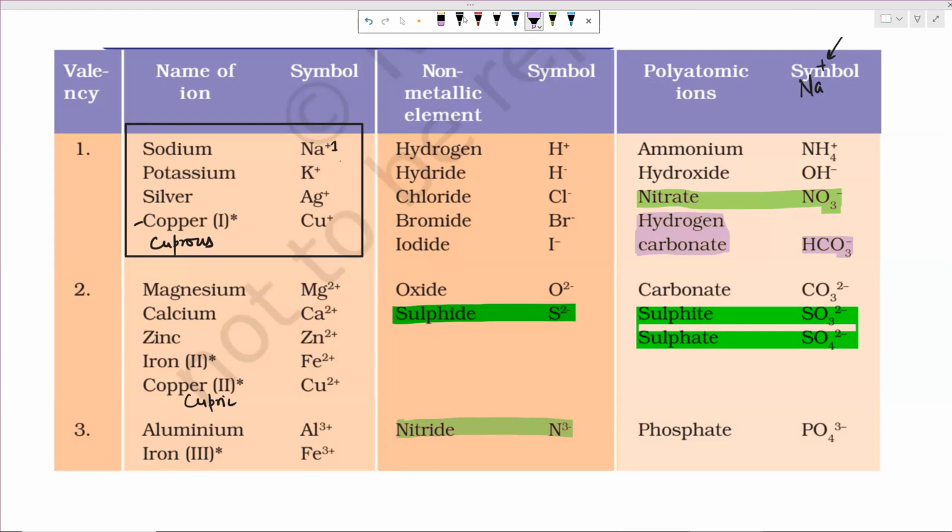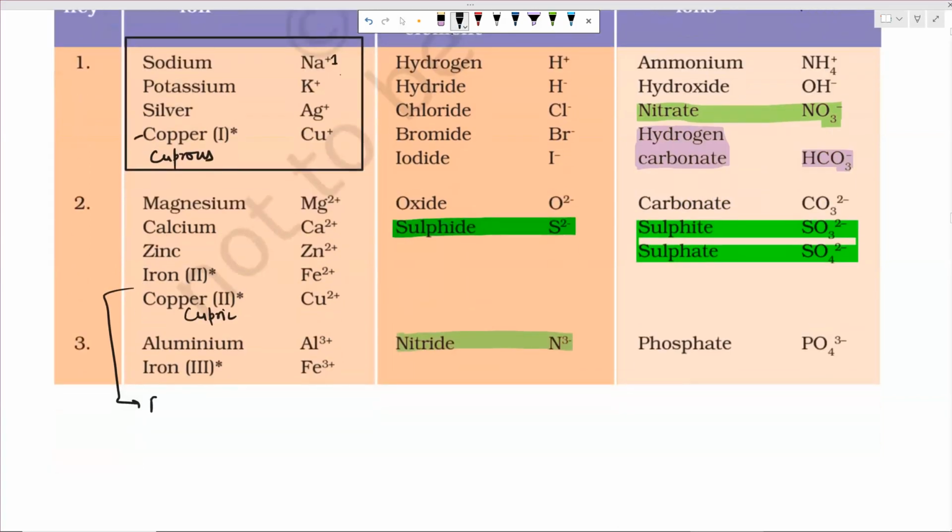Write some more also. Barium is not in the chart, so add barium here, Ba. Barium is Ba 2 positive. Beryllium, Be 2 positive. Hg, mercury.